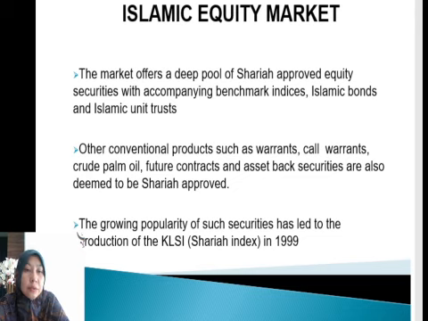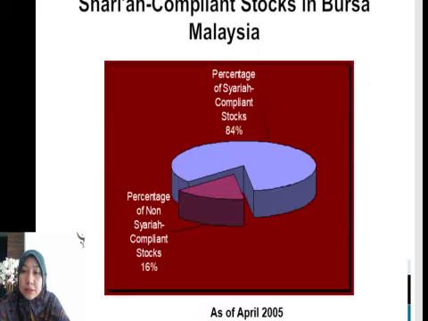The growing popularity of such securities led to the production of the Kuala Lumpur Sharia Index in 1996. So we have the Sharia Index that monitors the performance of the Islamic equity market, Islamic capital market.